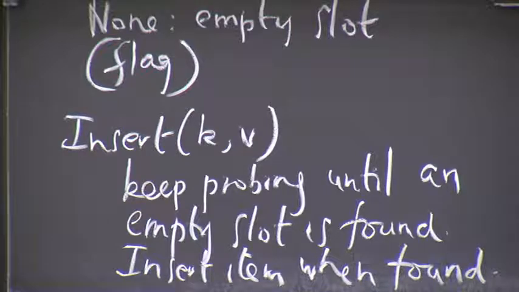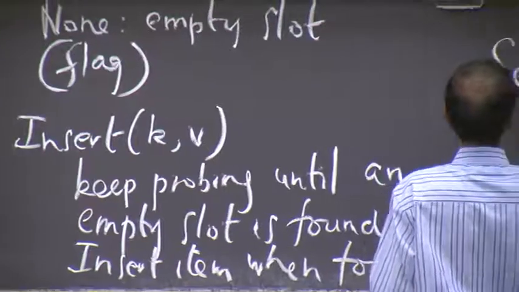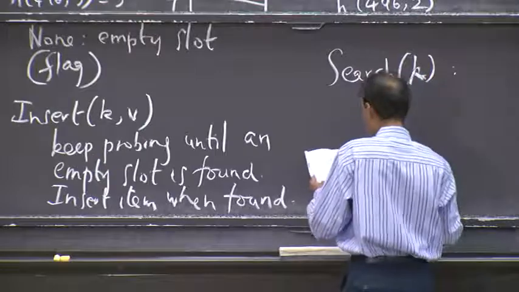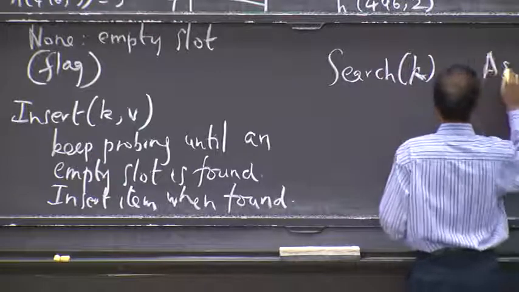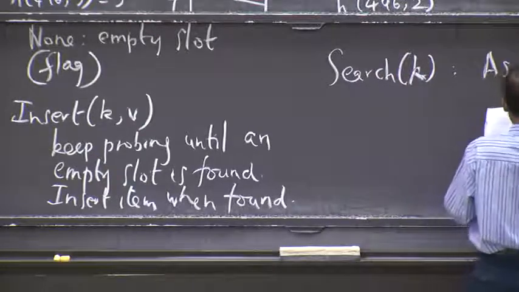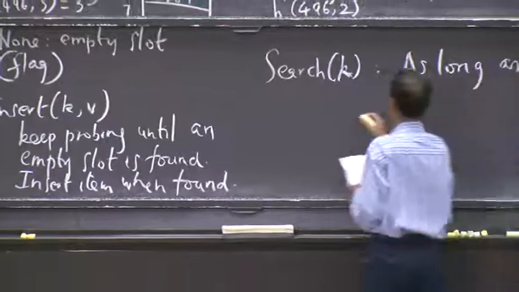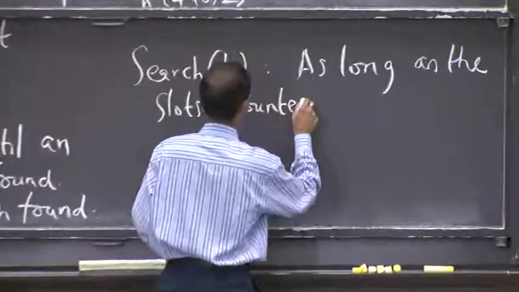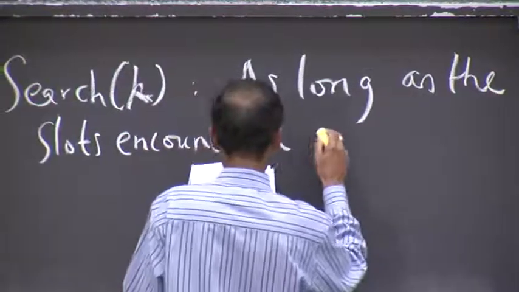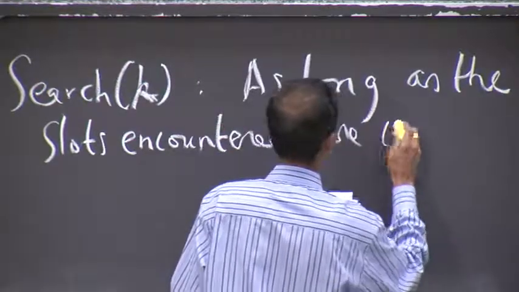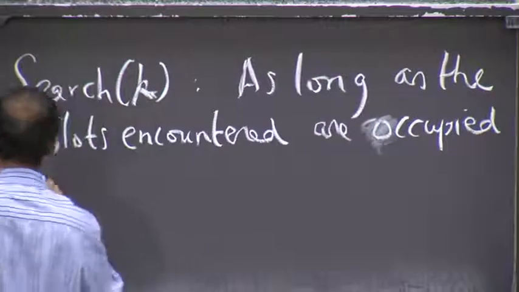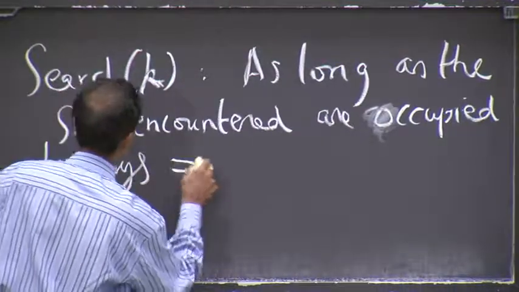Okay? Now, search is a little bit different. You're searching for a key k, and you essentially say you're going to keep probing. You say as long as the slots encountered are occupied by keys not equal to k.